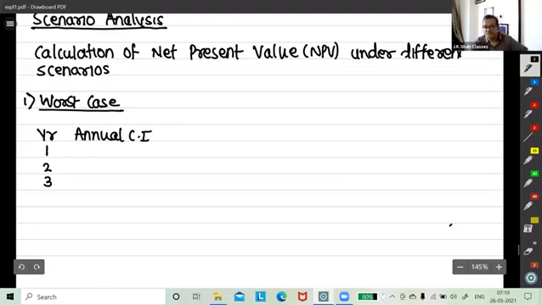Annual cash inflows. Guys, hope you do a good presentation as well. People are giving me the answers very fast. Very good. No problem. But then make sure that you present well as well. Don't compromise on that.